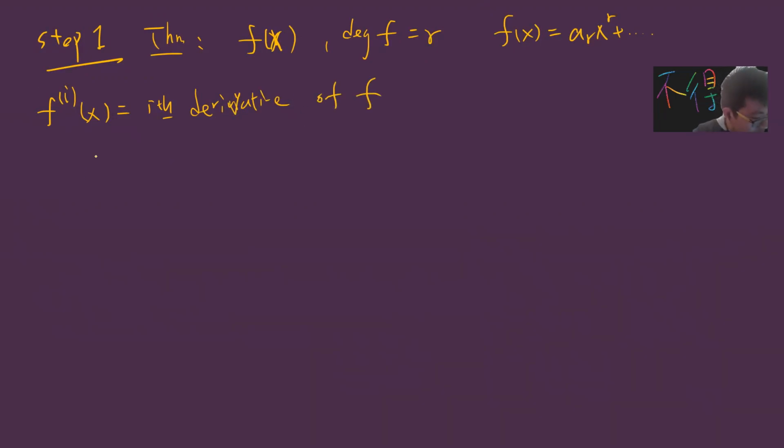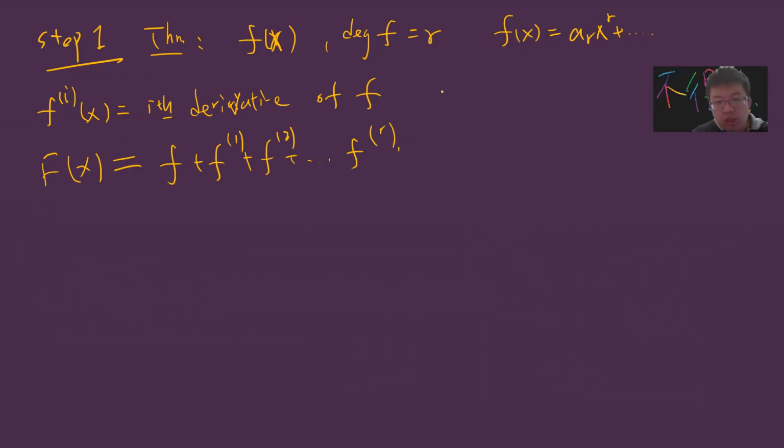So I can define a capital F to be f plus f1, f2, up to f^(r). You know that f^(r+1) is 0. You can easily check the following is true.